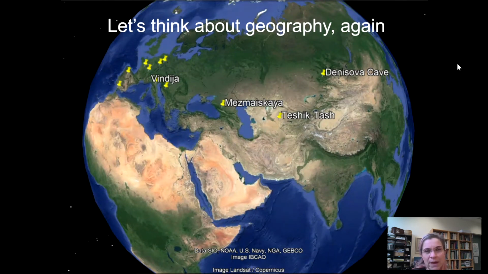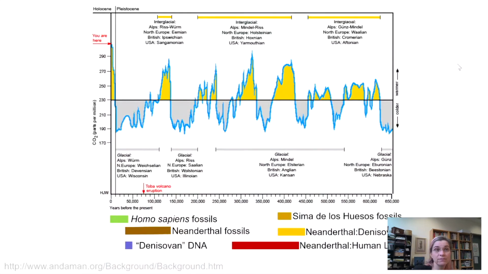Now, remember back in Module 1, we also talked about the tyranny of the present. One of the big things I wanted you to keep in mind is that when we're talking about such vast timescales, we also need to think about how climate has changed. So here is a graph showing how temperature has changed over time.